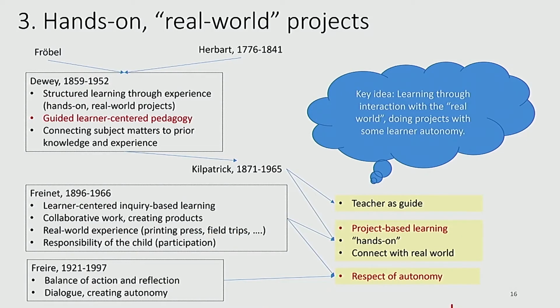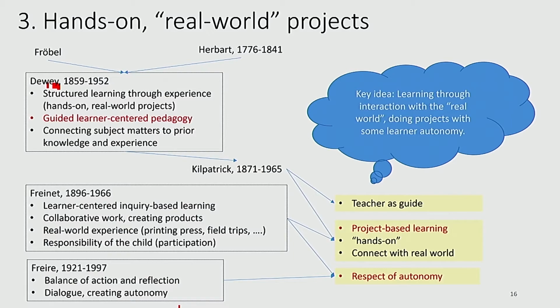The third influence, which is very strong in educational making, of course, is project-oriented learning. You also have several influences. Apparently it started in the Renaissance, but at least in the Anglo-Saxon world, I would say the most cited person is Dewey, a philosopher who invented guided, learner-centered pedagogy.